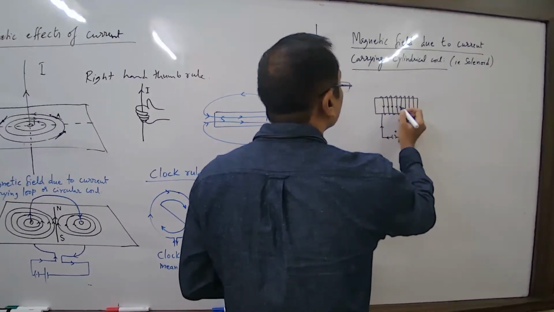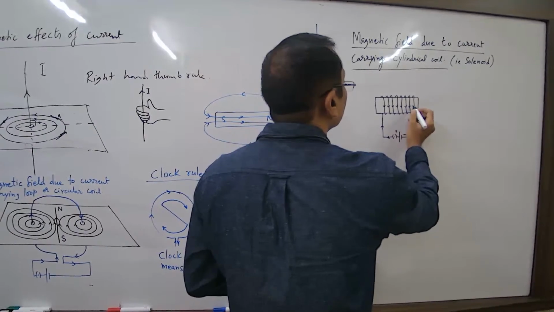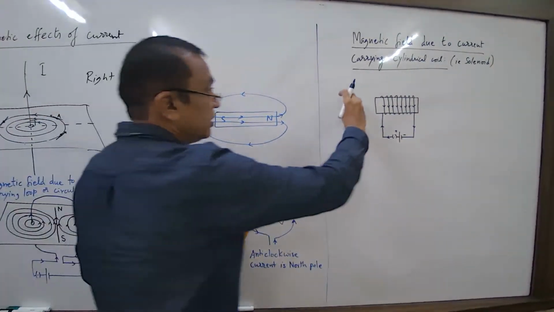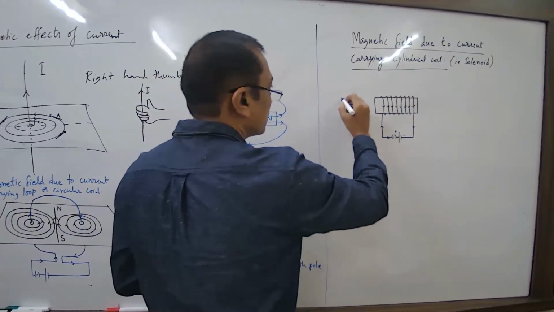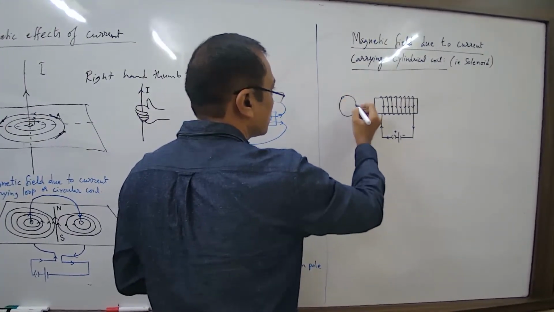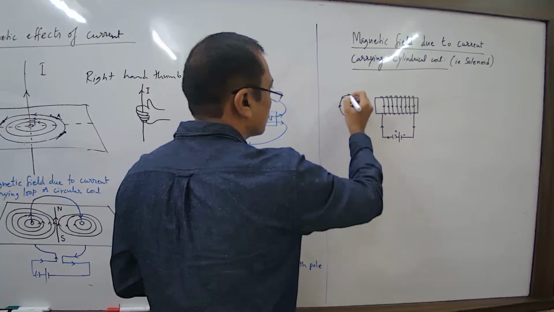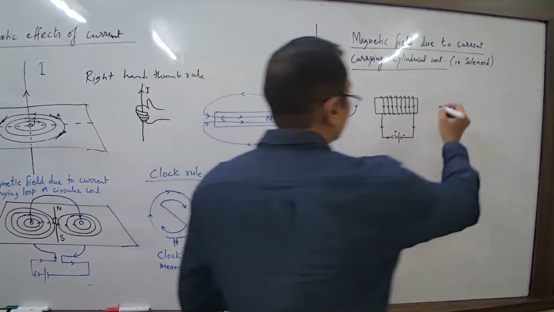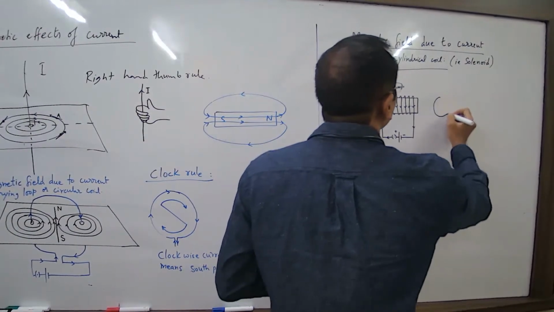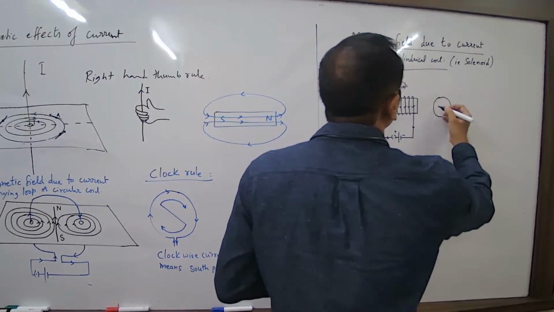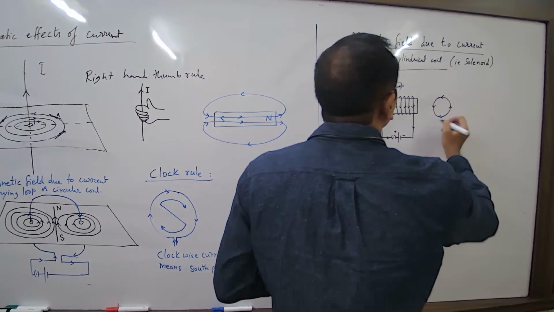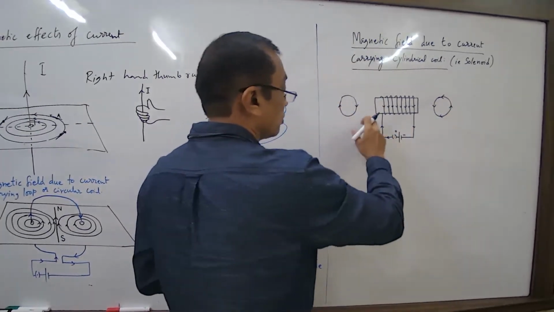Like this. So when you see it from this side, how is the current in the wire? It is clockwise, right? And if you see it from this side, how will you see? Anti-clockwise.